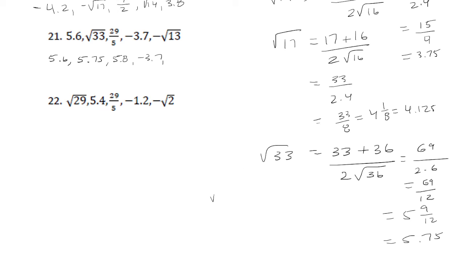And then to get the square root of 13, we do the number itself, 13, plus the nearest perfect square. So it's closer to 16 than 9. And it's 2 times the square root of 16. So it's 29 over 2 times 4. It's 29 over 8, which is 3 and 5/8, which is 3.625.